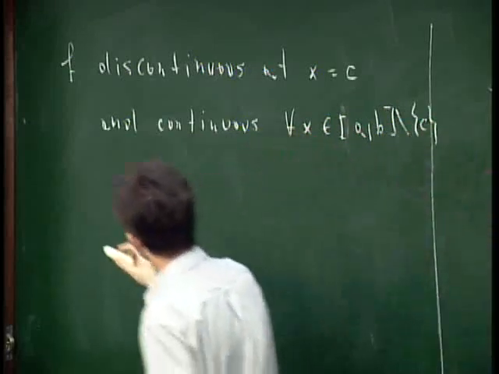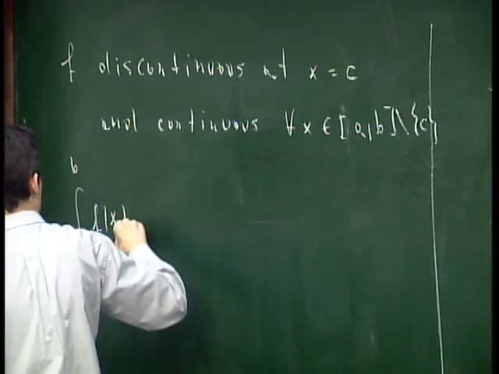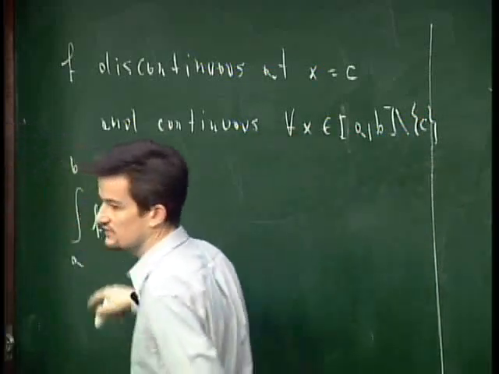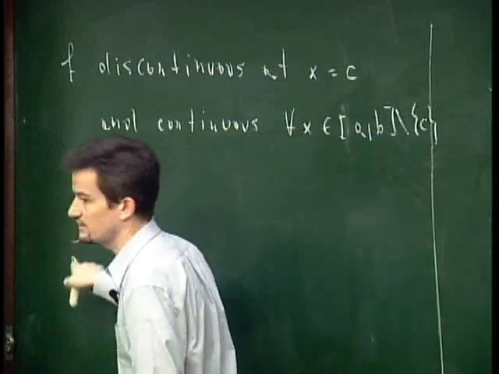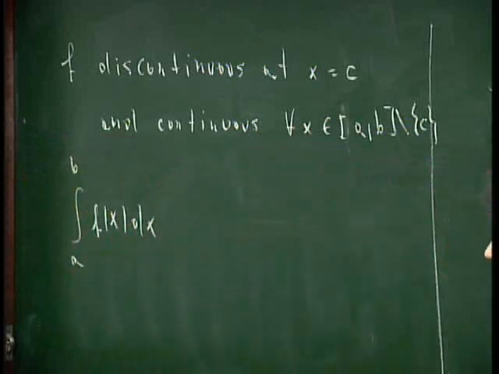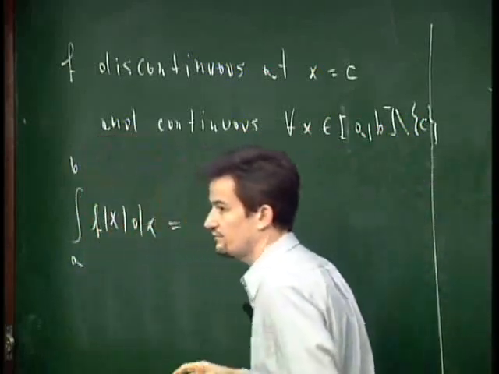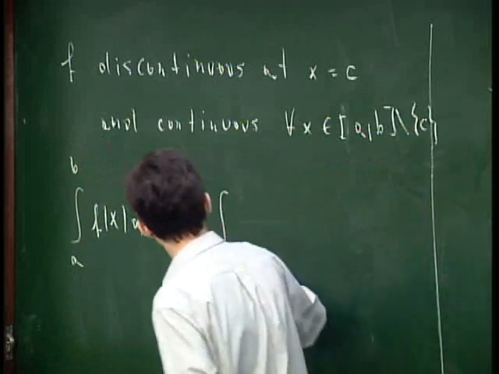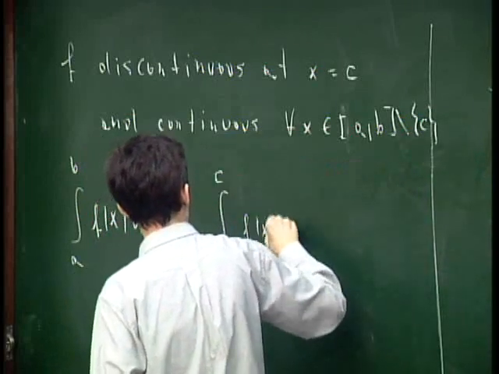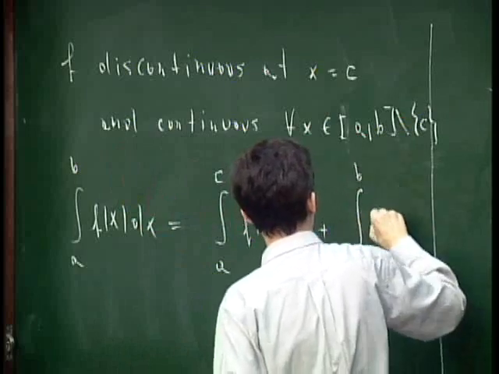So in this case, if you look at this integral, you have some point inside the integration interval where f of x is not continuous. The definition of this symbol is now again as for type 1. You have to look at the integral from a to c, and then the integral from c to b.